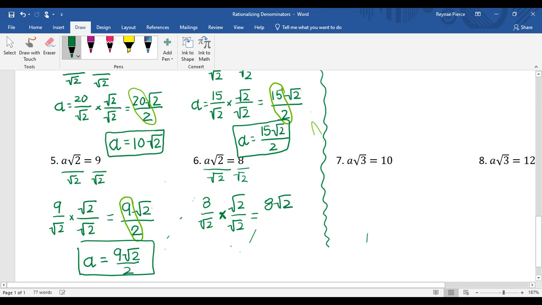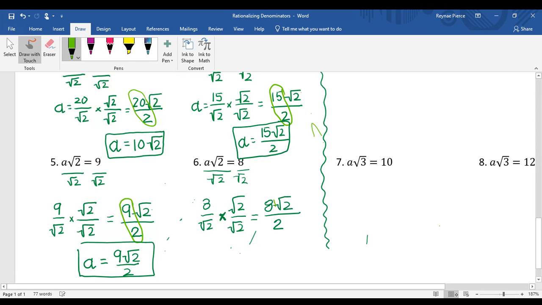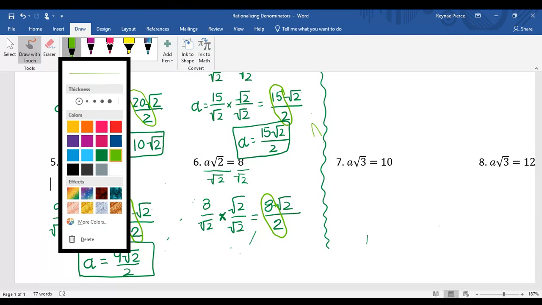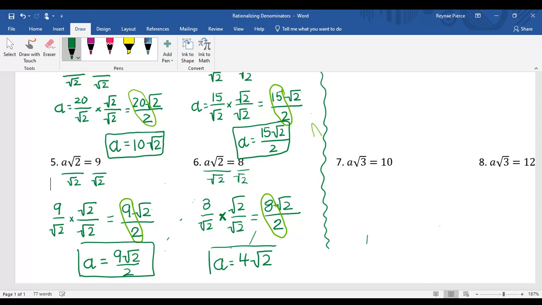My numerator doesn't change much, but my denominator, I'm just left with 2. And the last question I ask myself, does 8 divide by 2 evenly? Yes, it does. Since 8 divided by 2 is 4, 4 is what will be in front of the square root of 2 in my final answer.